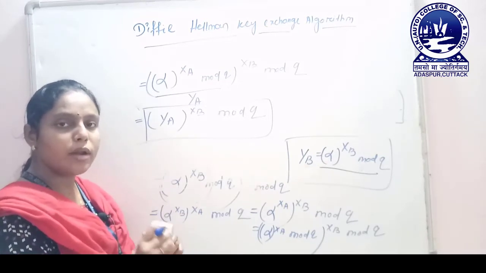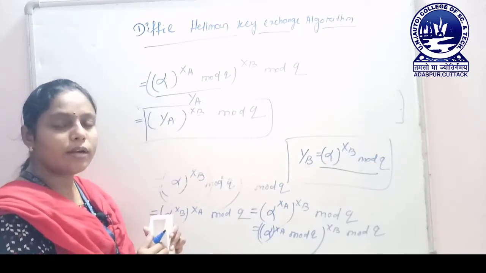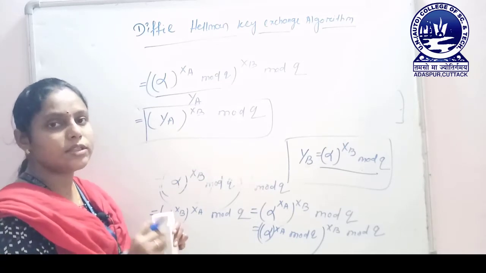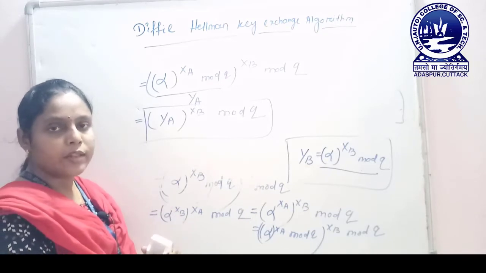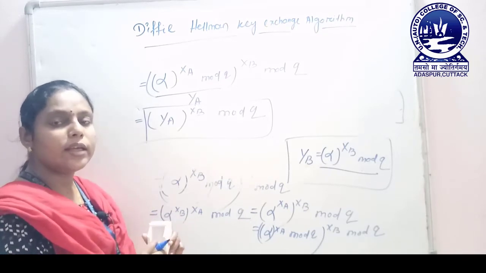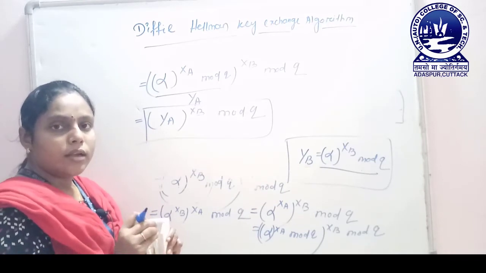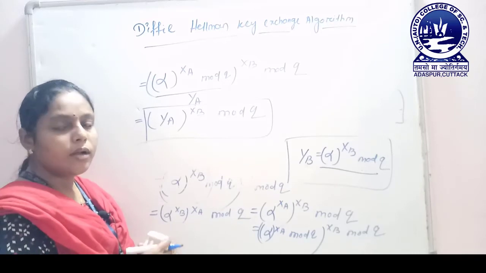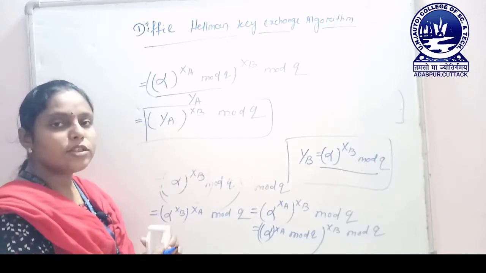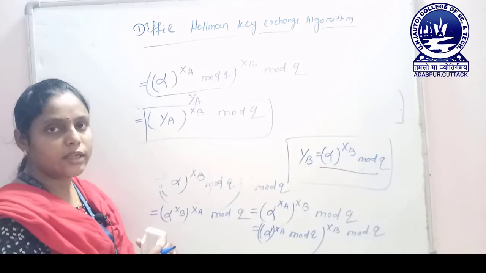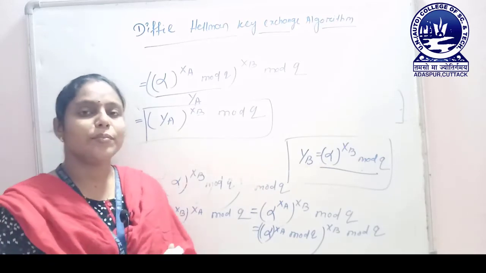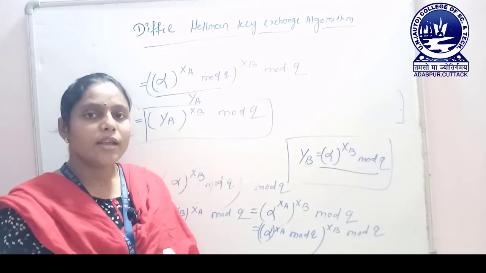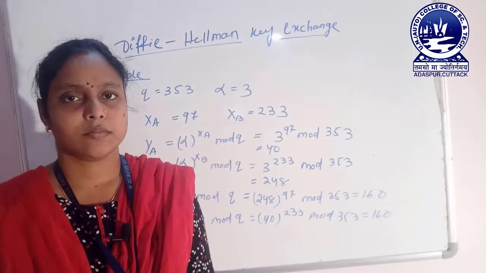That means the K value calculated by Alice is equal to the K value generated by Bob. That means the Diffie-Hellman key exchange algorithm exchanges the secret key between the sender and the receiver in a secure way. That is the main aim of the Diffie-Hellman key exchange algorithm, and it exchanges the secret key by using the public key cryptosystem.